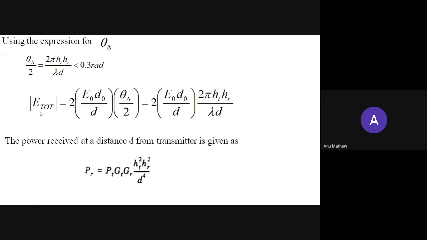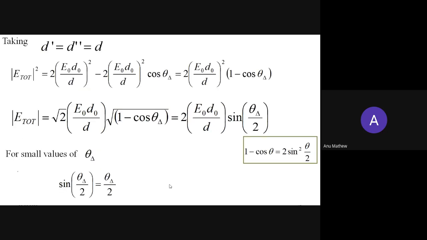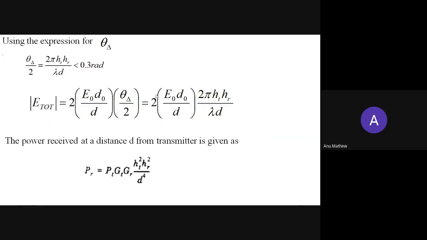So this total energy, E total, will be equal to 2 into E0 d0 by d into theta delta by 2. That is the expression for E total. We found the expression for theta delta by 2 also. By substituting that, we will get 2 into E0 d0 by d into 2 pi ht hr by lambda d.